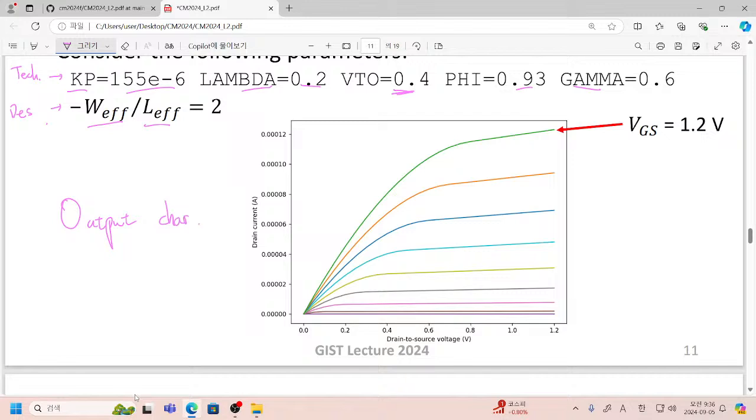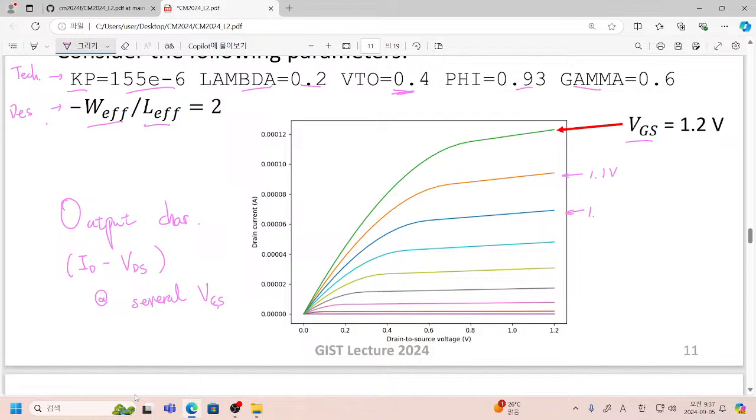Usually output characteristics of a transistor means the ID versus VDS graph at several VGS values. For example, you can try to draw ID versus VDS at 1.2 volt, 1.1 volt, 1.0 volt of your gate voltages. In this case, this line corresponds to VGS equal to 1.2 volt, and this corresponds to 1.1.